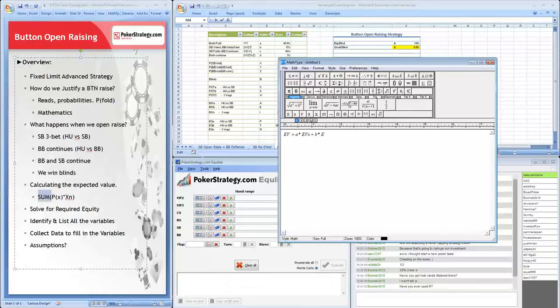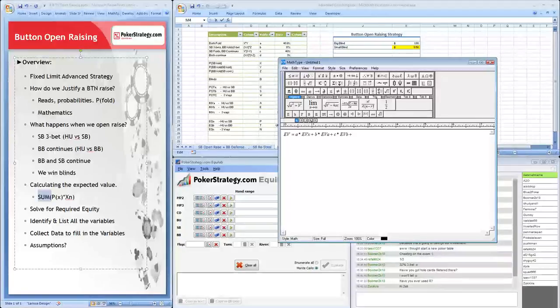In this case, we'll call it the expected value of situation A, where we're looking at pot size A, investment size A, and equity A. To that, we're going to add our situation C multiplied by the expected value of being in the pot size B, where we've got the investment size B and equity size B.